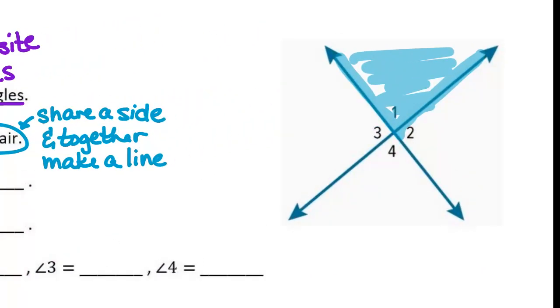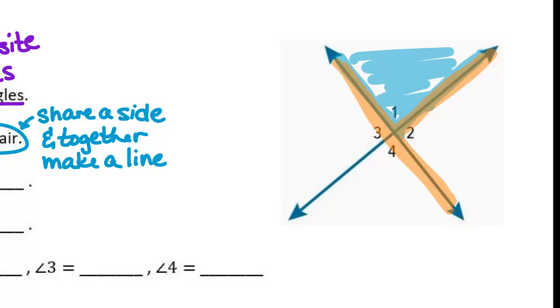So angle 1 and angle what? Share a side and together make a line. They have to share a side. Angle 2, they would share this side right here, and together they would make this line.